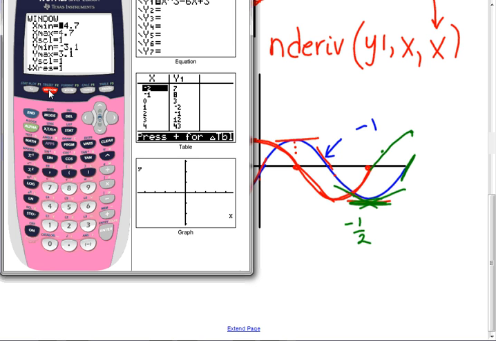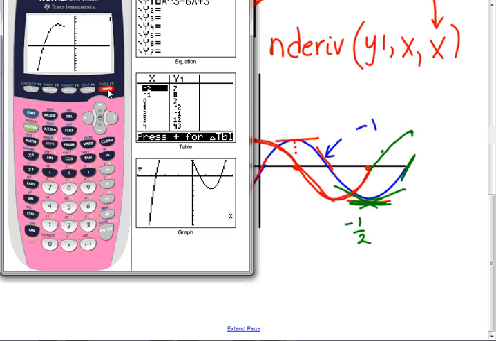My window, I had from -4, I believe, to 3. And then on my y's, I went -10 to 12, I believe. I had it set up in the last class. Okay, there's the graph that we did in the derivative lab.